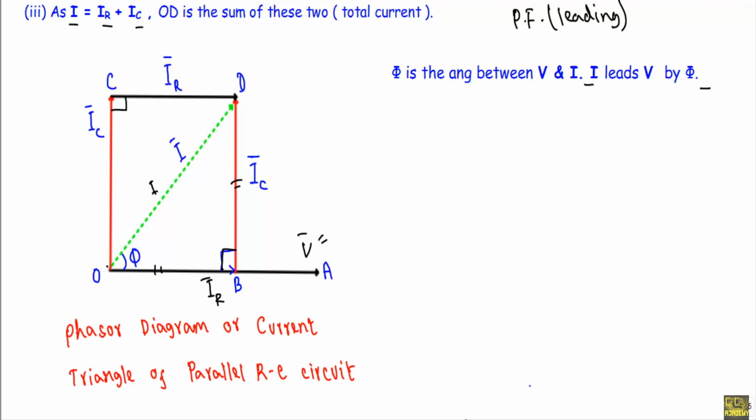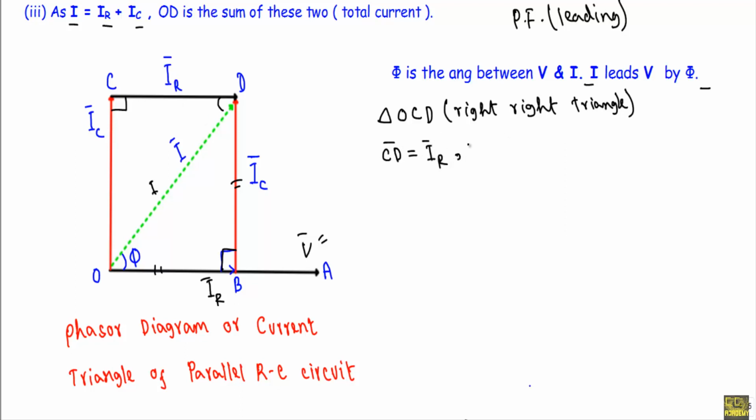Now see, here we have two right triangles. One is this OCD. Here this angle will be phi. Therefore the base will be CD, which is equal to IR.